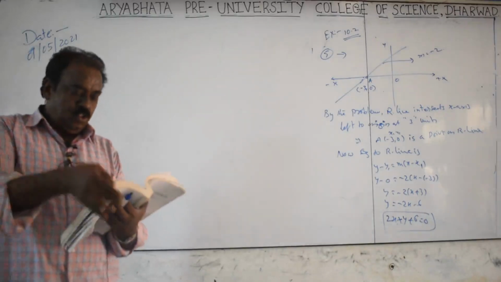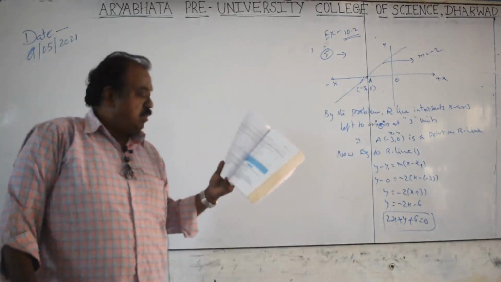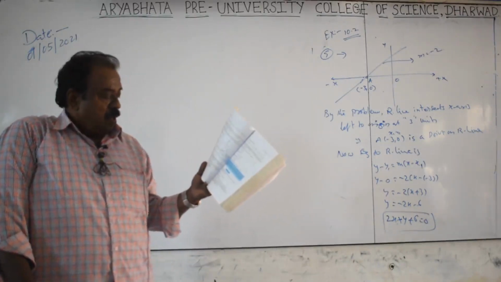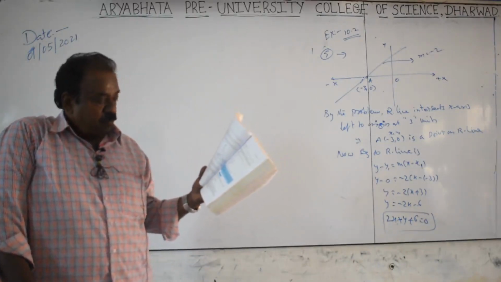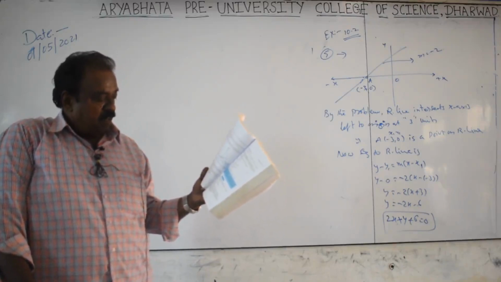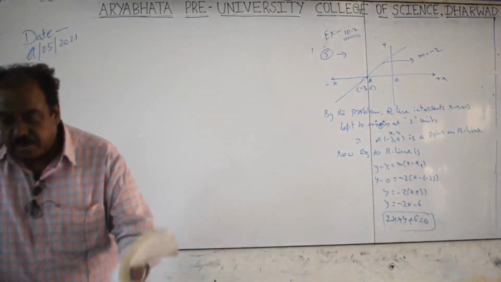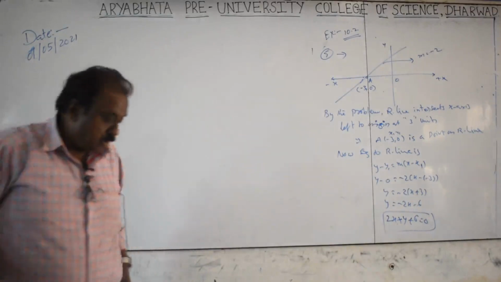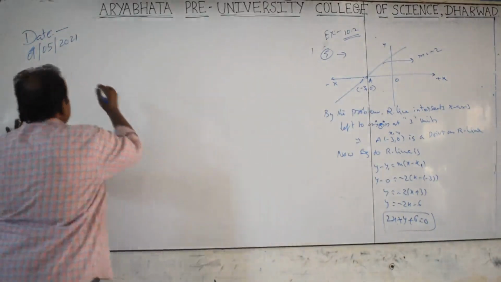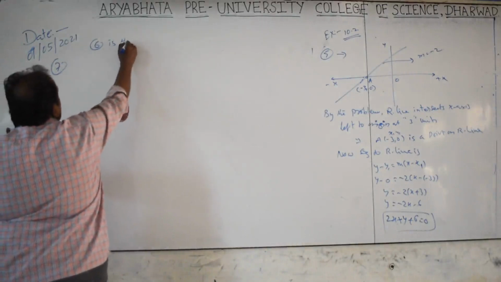Next, I am going to the seventh one: passing through the points minus 1 comma 1 and 2 comma minus 4. Two points are there.